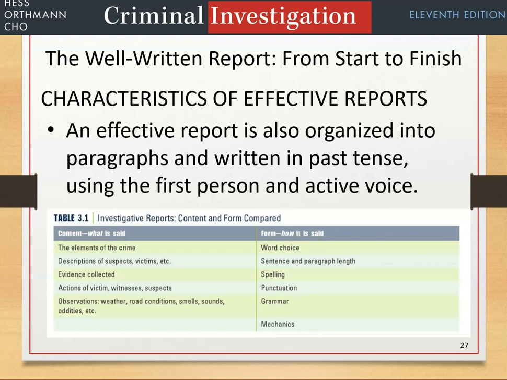Now, depending upon where you work, that could be different. Sometimes departments like to do things differently, but typically you're going to write in the past tense using the first person, and active voice.